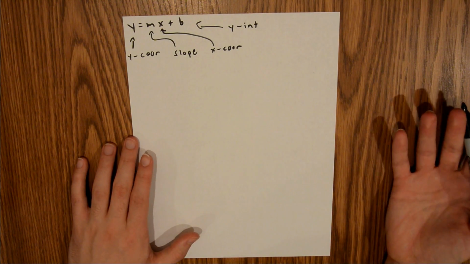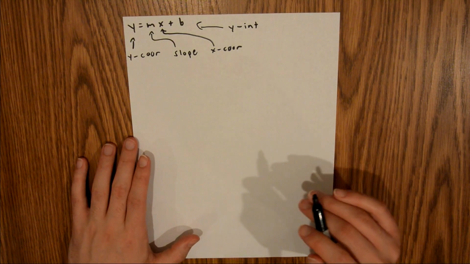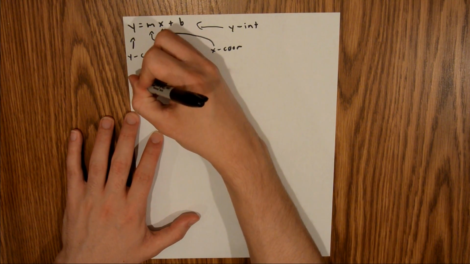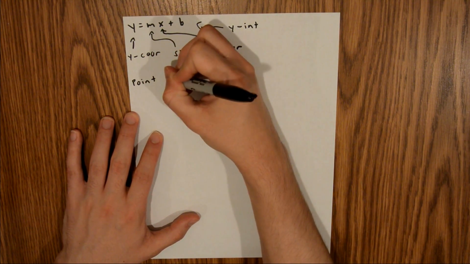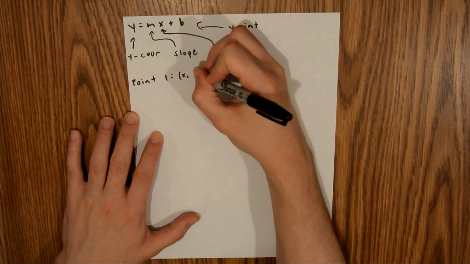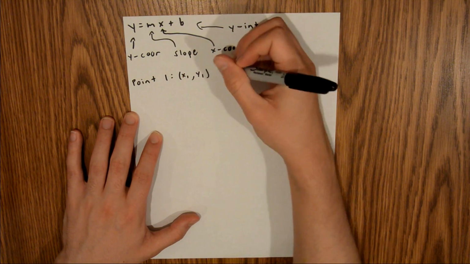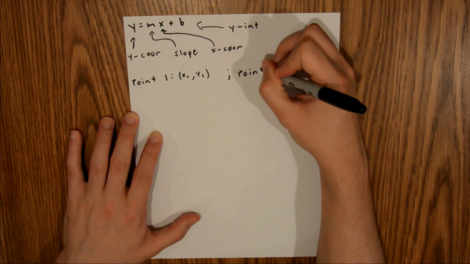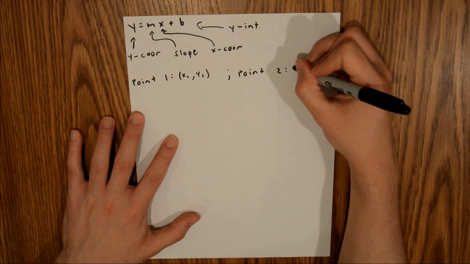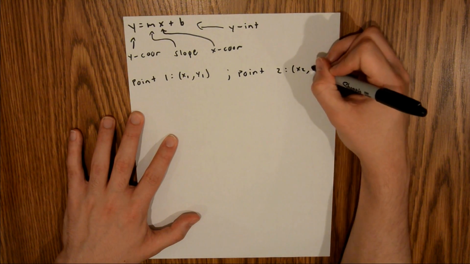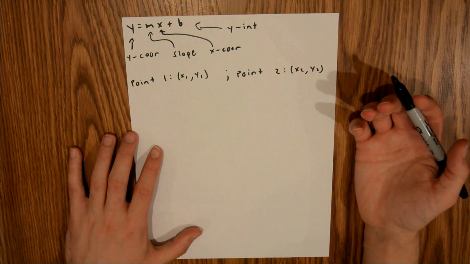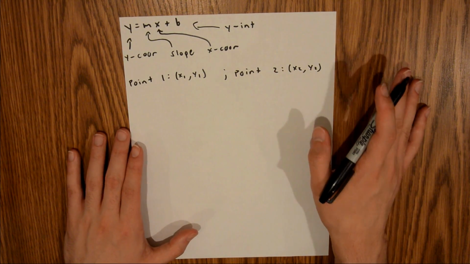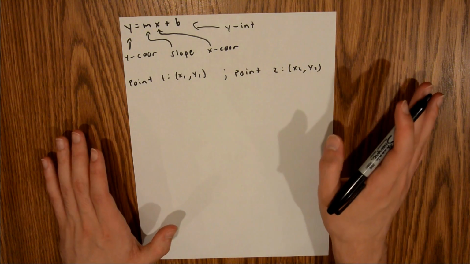And so now if you're given 2 points, you're going to want to label them points 1 and 2. So for point 1, you would have x1, y1, and for point 2, you would have x2, y2. Now when you're given your 2 points in the problem, it doesn't matter which one you label point 1 and point 2, all your numbers will still come out the same.